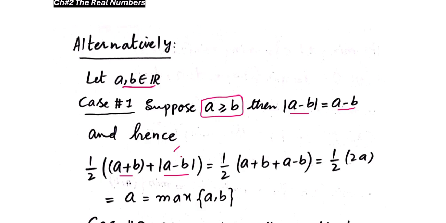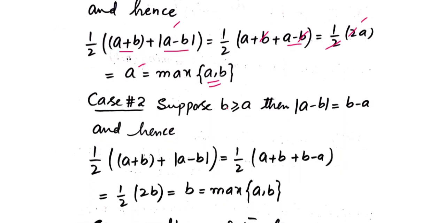As |a - b| is equal to a - b, by cancelling out b, we have 1/2 times 2a, and this gives a, which is the maximum value of {a, b}, because a is greater than or equal to b.